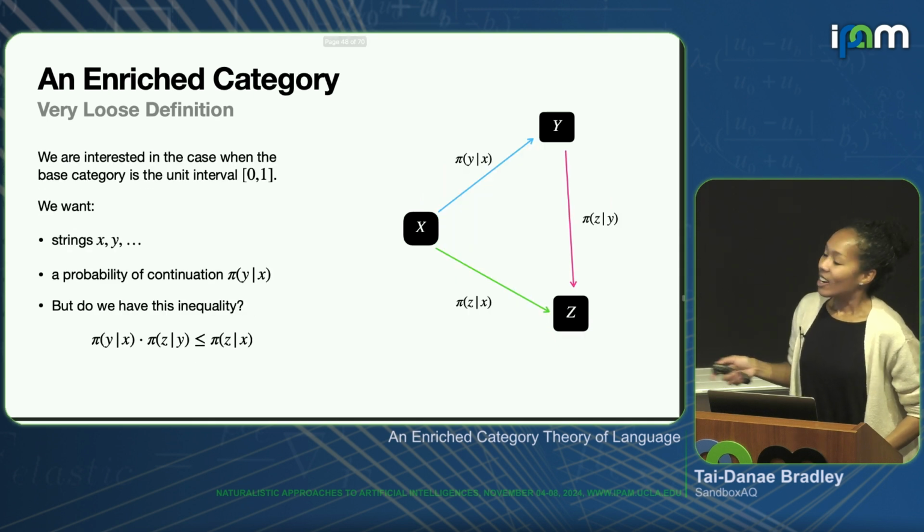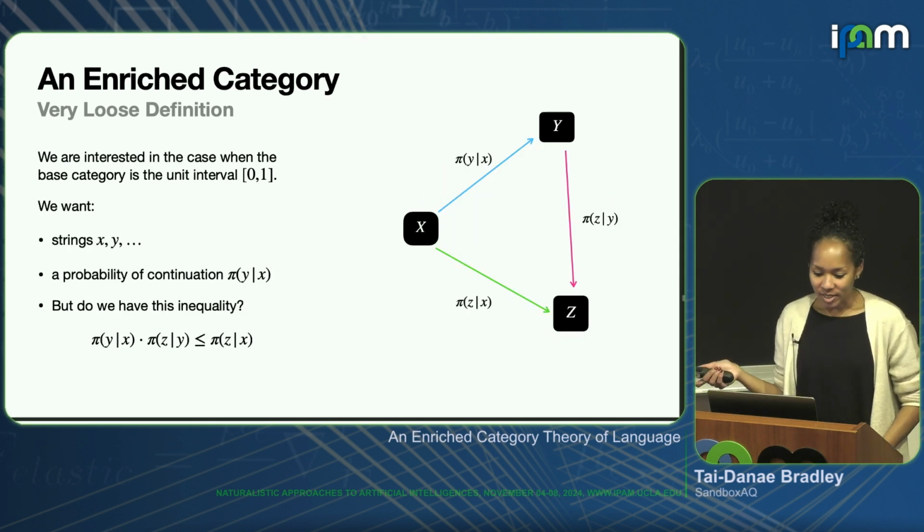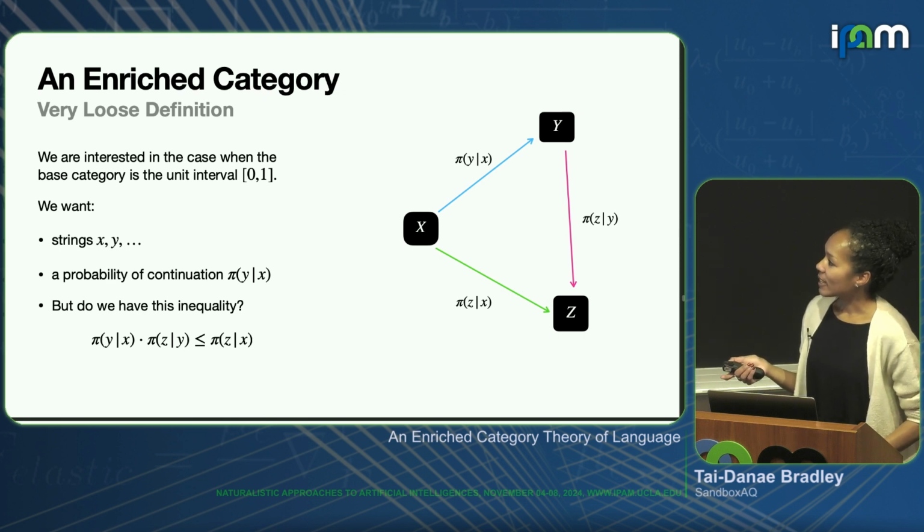Here's the point. Here's what we want in the case of language. We are interested in the case, as I said, when the base category is the unit interval. Our objects, again, are strings from some finite alphabet. We want something like a probability of continuation, which again I haven't really specified, but I'm going to get there in just a second.